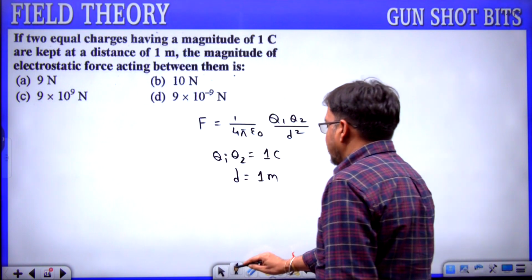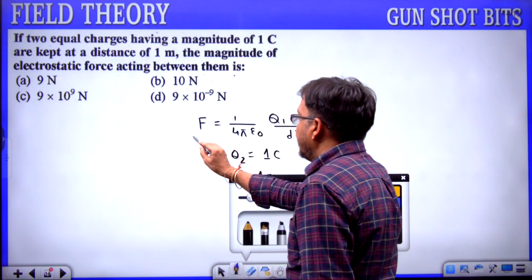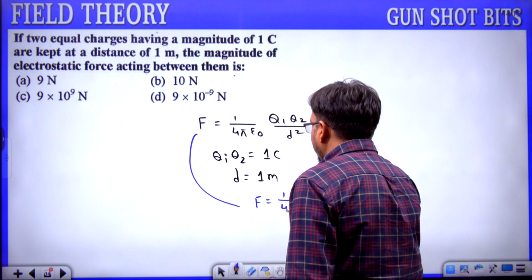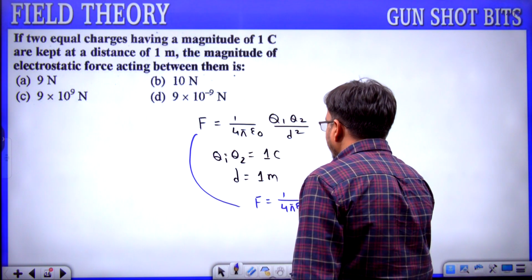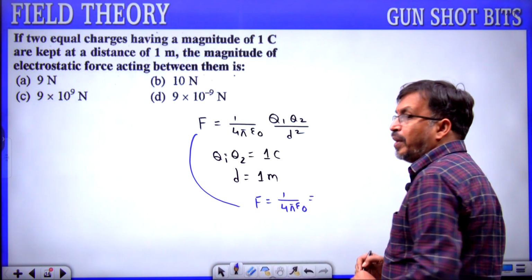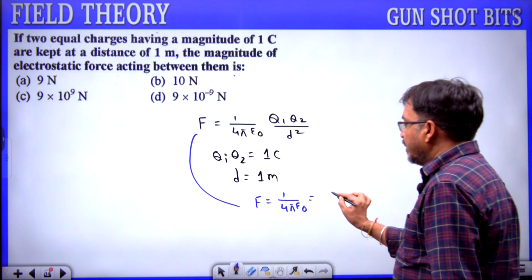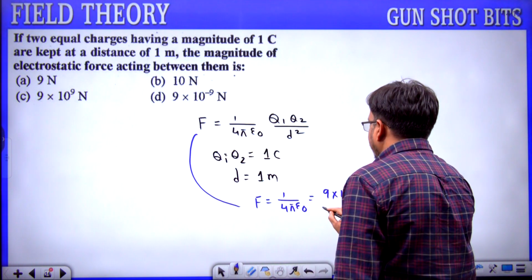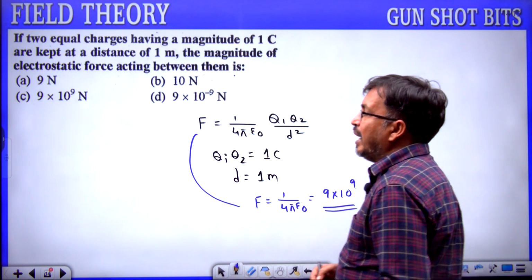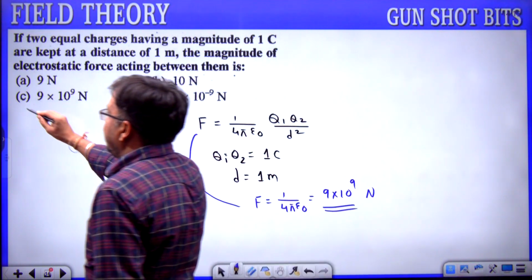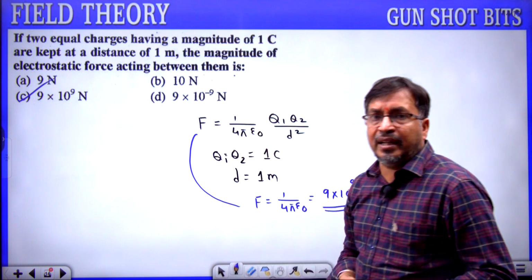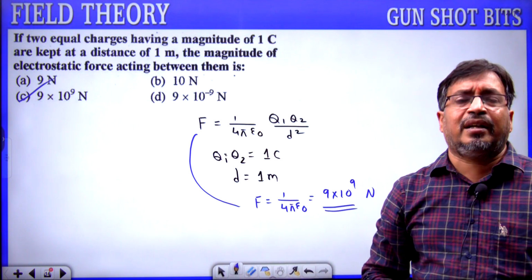Then the force F due to the 2 charges becomes F equals 1 by 4 pi epsilon naught into 1. We know that the value of 1 by 4 pi epsilon naught is 9 into 10 power 9. So, the answer is 9 into 10 power 9 newtons. Option C is the correct answer.